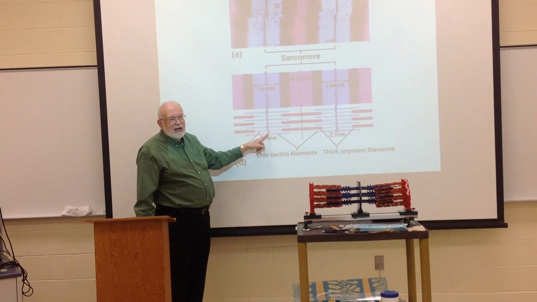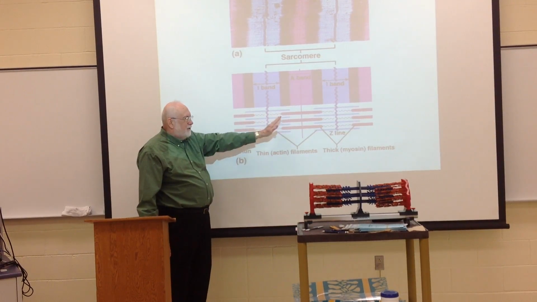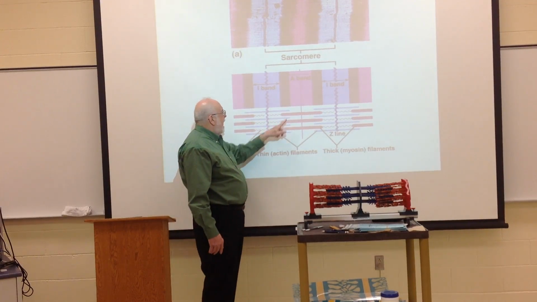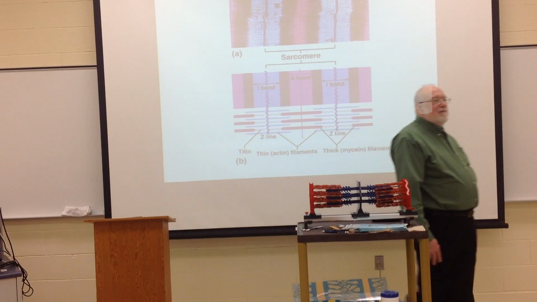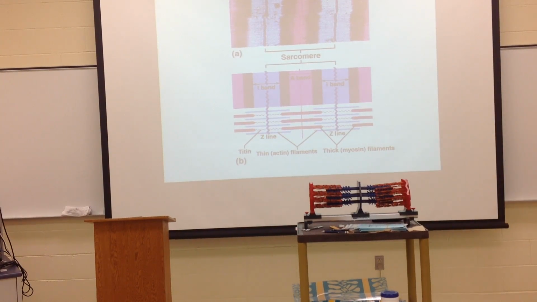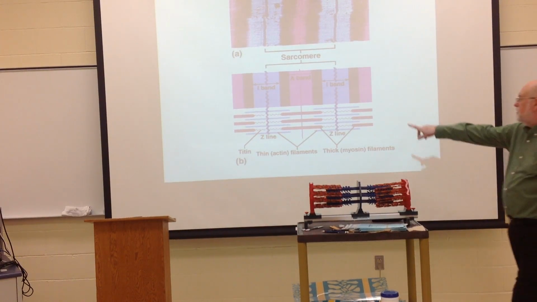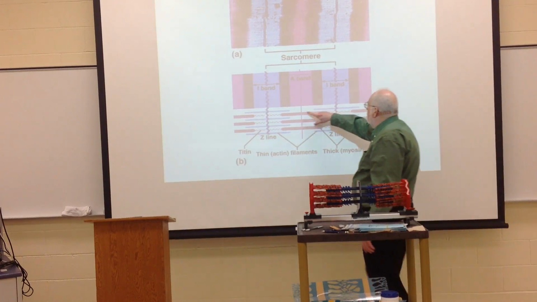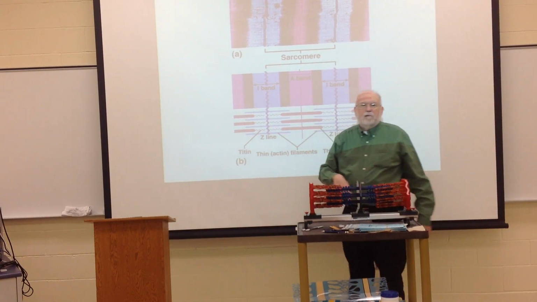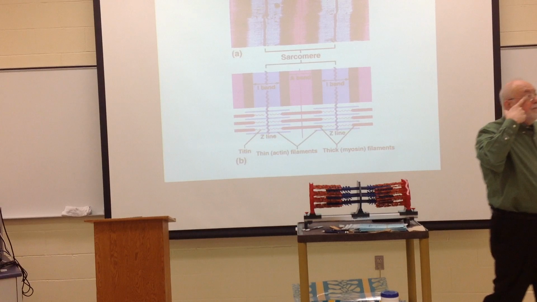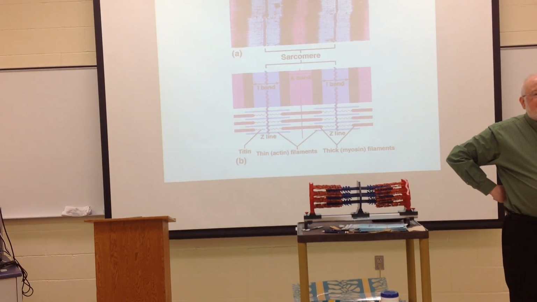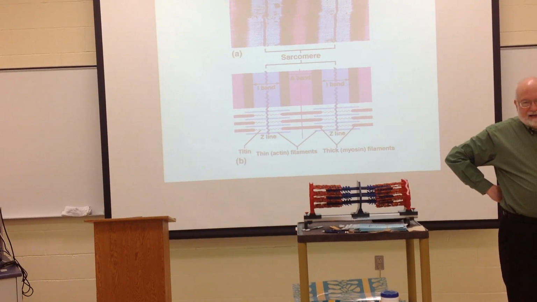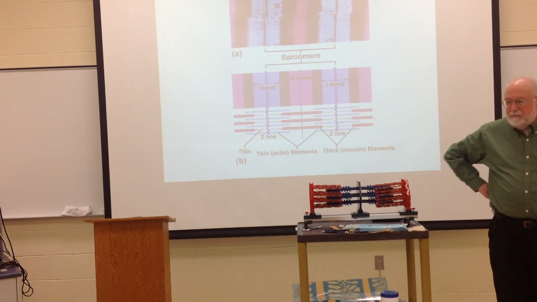Connectin, right? Connects one sarcomere with another. Okay. And the thick filaments were made of myosin, right? And the thin filaments, which are these light blue lines here, those are made of three types of proteins. What are they? Actin, troponin, and tropomyosin. Right.